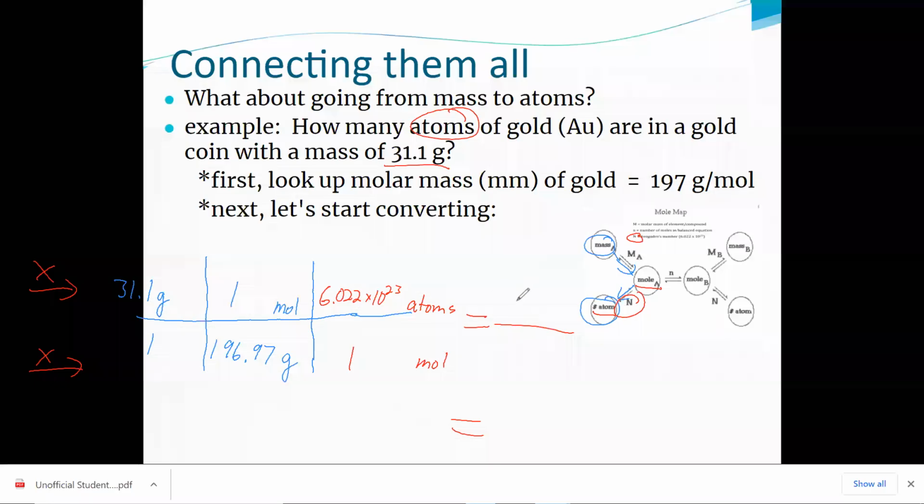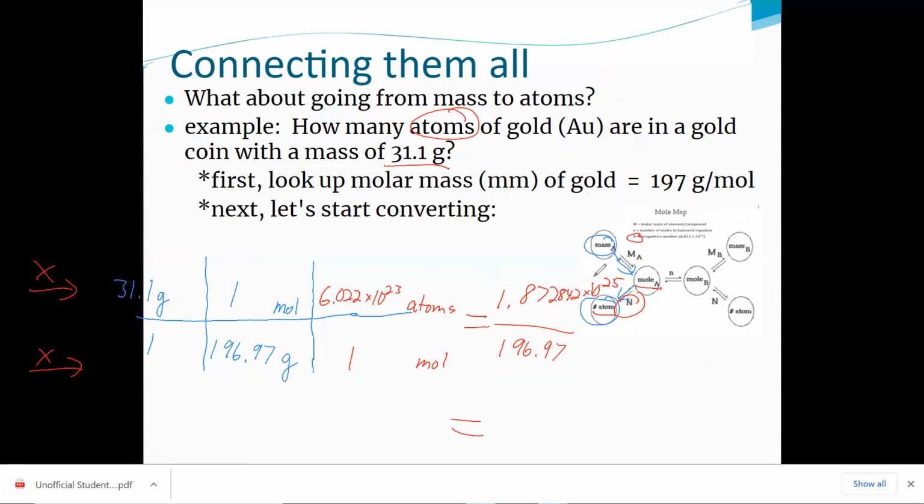Doing some quick calculator work, I multiply 31.1 times 1 times 6.022 times 10 to the 23rd power. I get 1.872842 times 10 to the 25th on the top, okay? On the bottom, I have 1 times 196.97 times 1, so I'm just going to get 196.97 on the bottom.